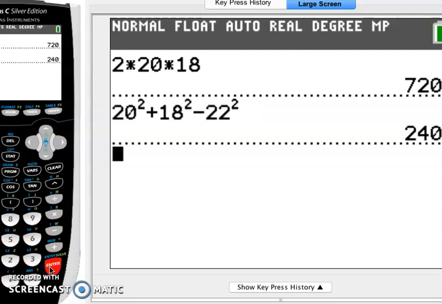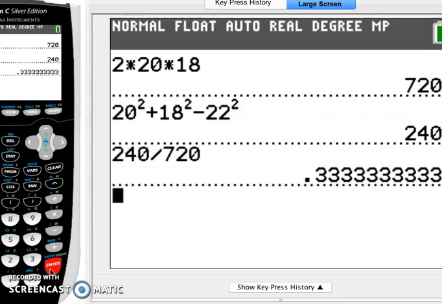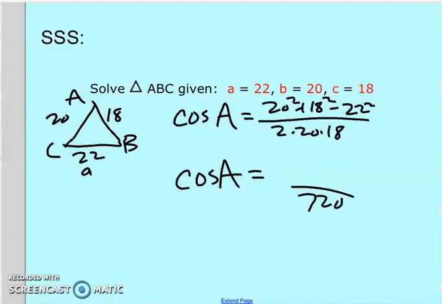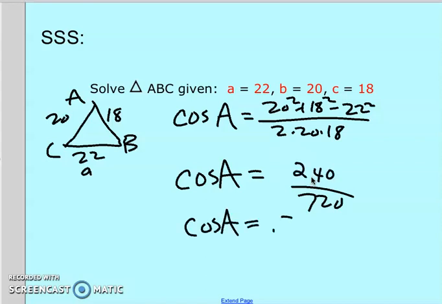It's going to give us 240. So then we're going to do 240 divided by 720. Those of you good at math, you know it's 1/3. Now we can fill this in. 240. So we know the cosine of A equals 0.33 repeating.